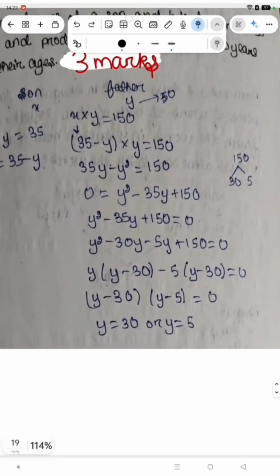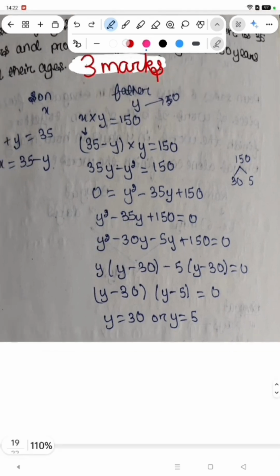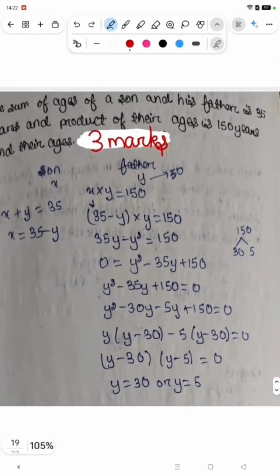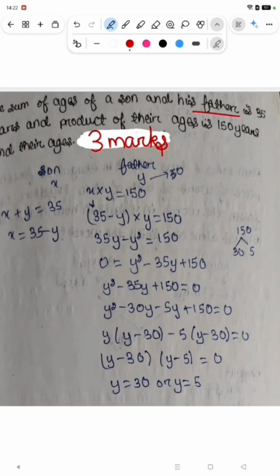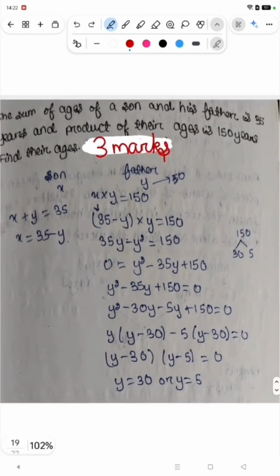In the question it is clearly mentioned that the sum of ages is also given, 35, meaning father plus son is equal to 35.